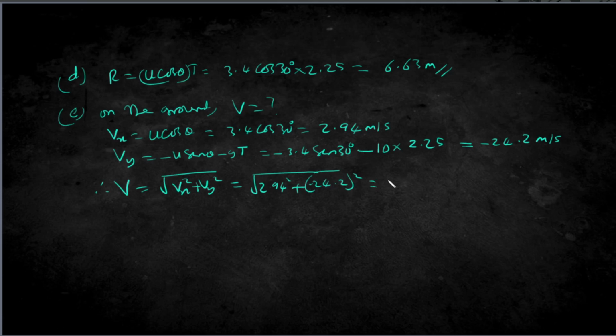At the end of the day, you are going to get 24.4 meter per second. So that is how we are able to find the value of what? The velocity with which the body strikes the ground, which we have already seen in the question. So this is how to go about them.